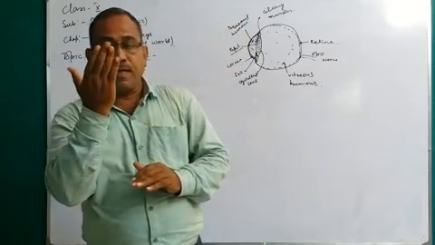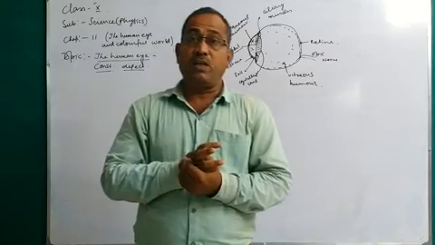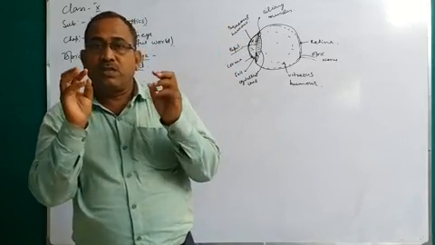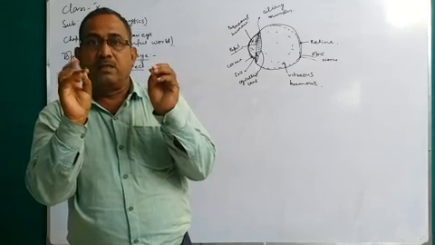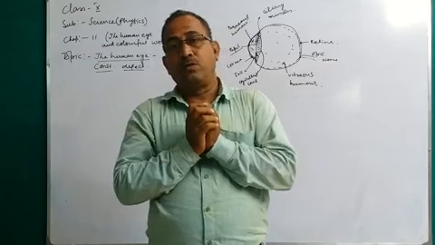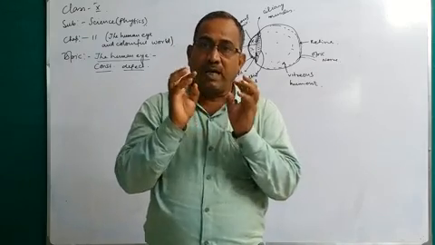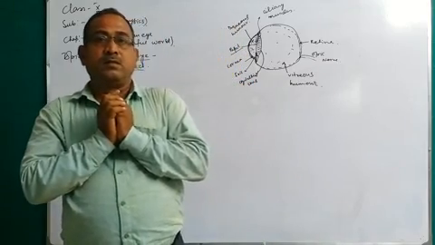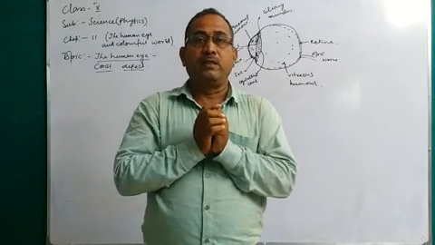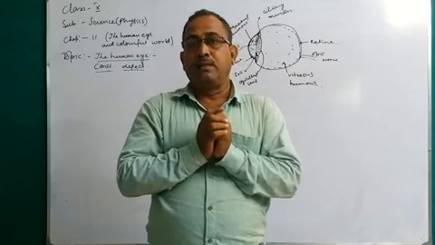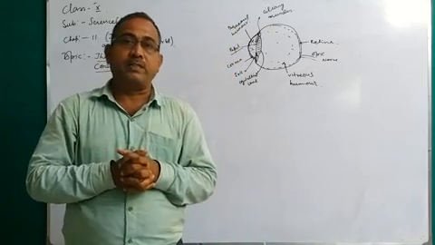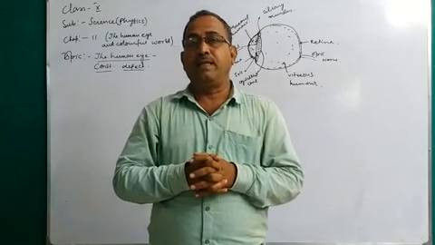Before 25 centimeter, you cannot see the object clearly. If you try to see it, your ciliary muscles will be tired after a certain time, and your eye will have a problem. So you always put the object at a minimum distance of 25 centimeter from your eye and try to read it. Am I clear?